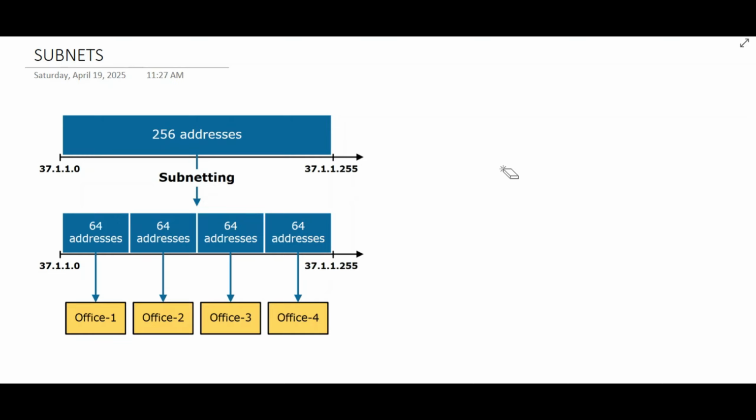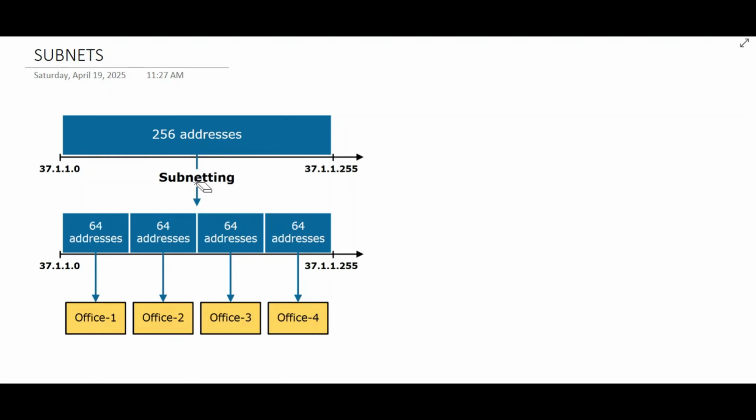Now for example, let's say a company has given you a particular IP address range to create subnets for 4 different offices in that company. Instead of assigning this amount of IP addresses, that's 256 IP addresses, to just office one, that's not efficient.